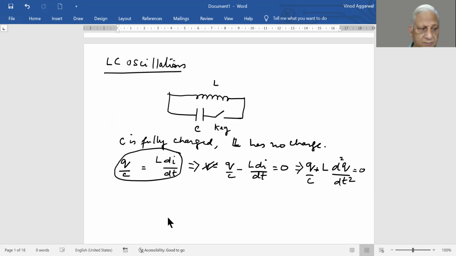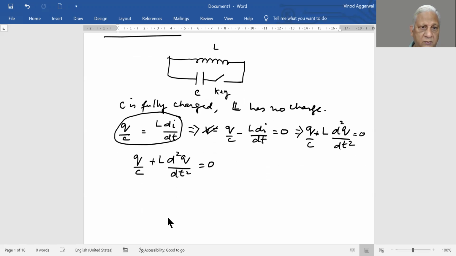So what we get is Q by C plus L d square Q by dt square is 0. Now, or we can also say that Q by LC plus d square Q by dt square is 0.